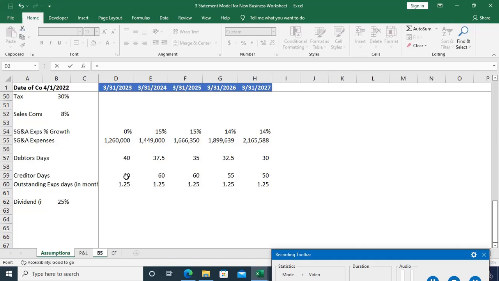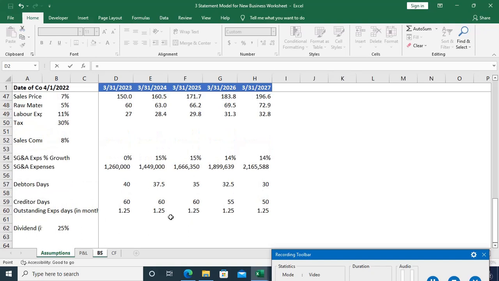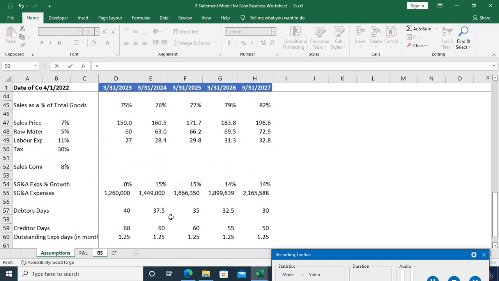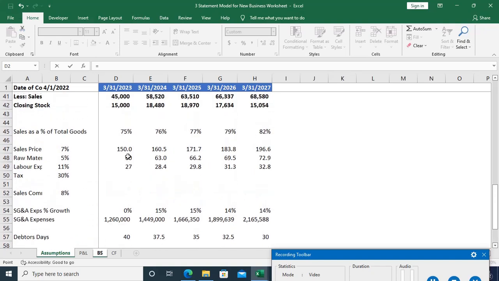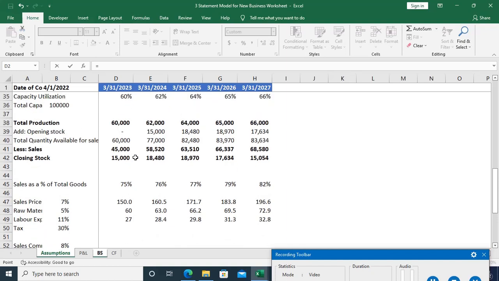We have the creditor days of 60. Raw material price is 60, and the raw material quantity purchased, for the total production, so this much raw material you have purchased every year, right?